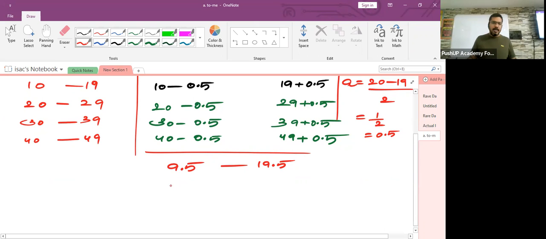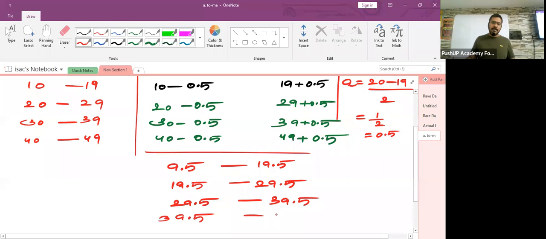Now children, 20 minus 0.5 is 19.5, and here 29.5. Now 30 minus 0.5 is 29.5, and 39 plus 0.5 is 39.5. Here it is going to be 39.5, 49.5.